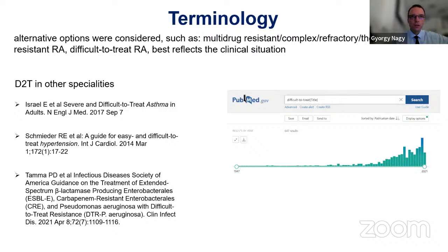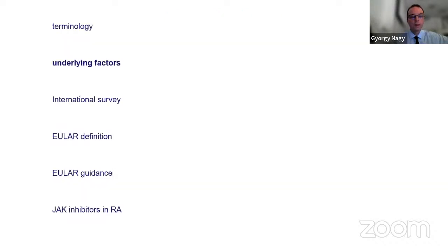Difficult to treat is really used in other specialties, including pulmonology, like difficult to treat asthma, or in cardiology, difficult to treat hypertension, or in infectious diseases, such as difficult to treat infections. If you just type difficult to treat into PubMed, you will see a large number of hits for various diseases, and now you will see plenty for difficult to treat rheumatoid arthritis, which we really hope will increase significantly in the future as well.